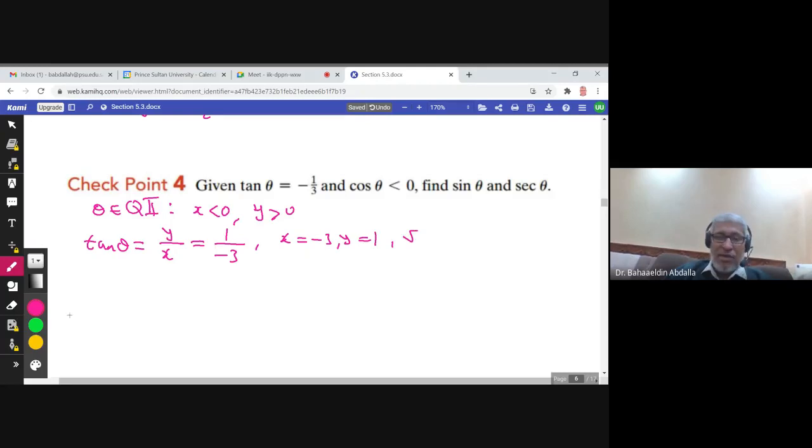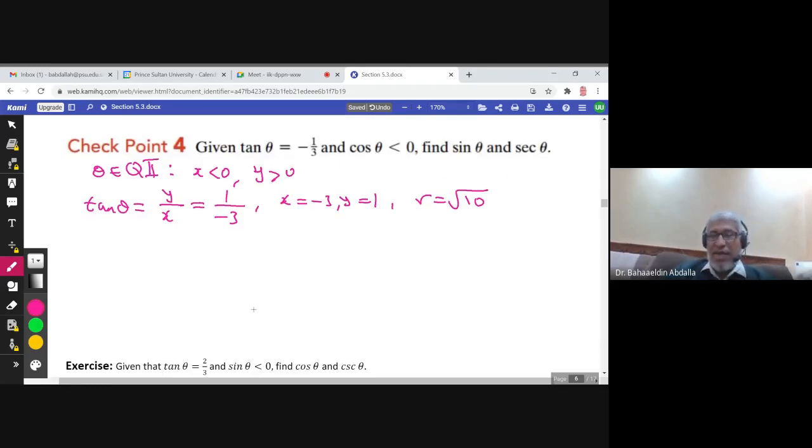And r would be square root of x squared plus y squared. So it's square root of 9 plus 1. So it's square root of 10. I have x, y, and r. I can find sine theta. Sine theta is y over r, so it is 1 over square root of 10, or multiplying by the conjugate, it's the square root of 10 over 10.